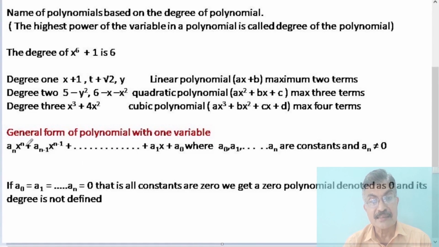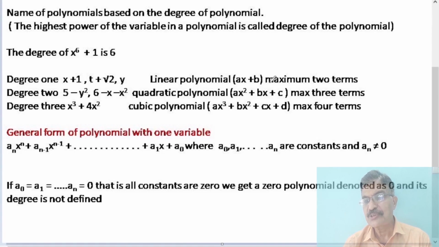This a n is called, not the nth term, but the coefficient of x raised to n. A n minus 1 is the coefficient of the variable x raised to n minus 1. And this a0 is called the constant. In this general form, the condition is that a n should not be 0.